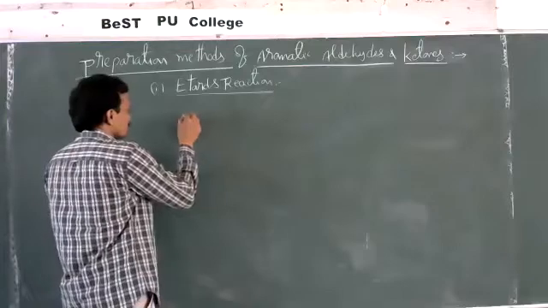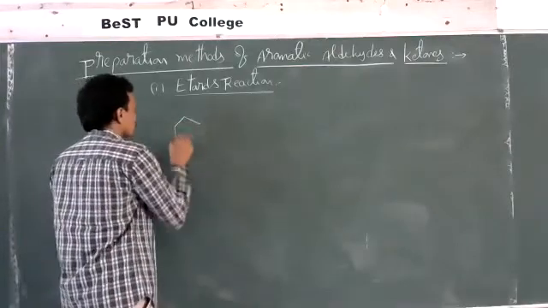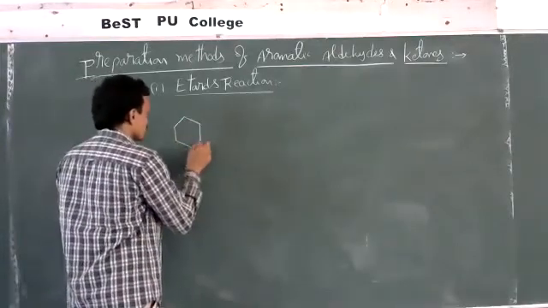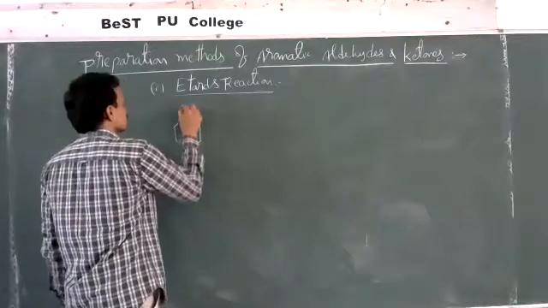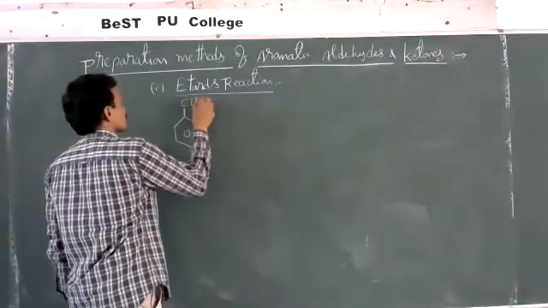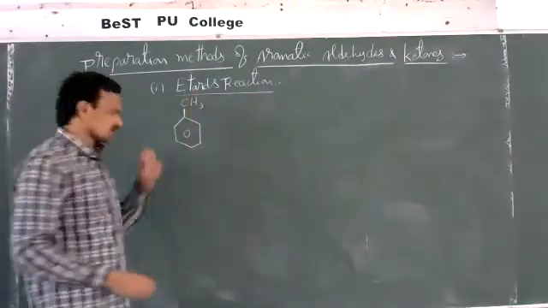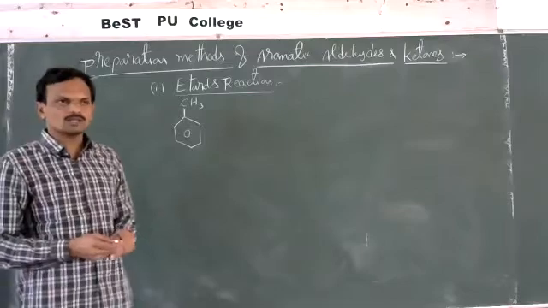See, toluene is nothing but methyl benzene, CH3. From methyl benzene we are going to prepare benzaldehyde.